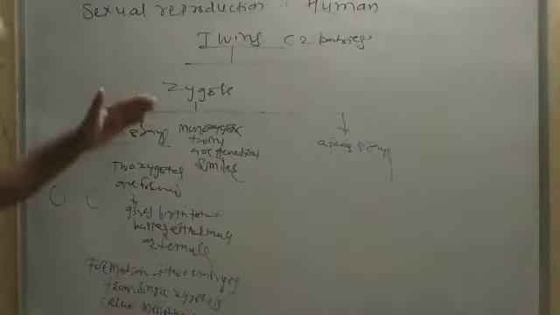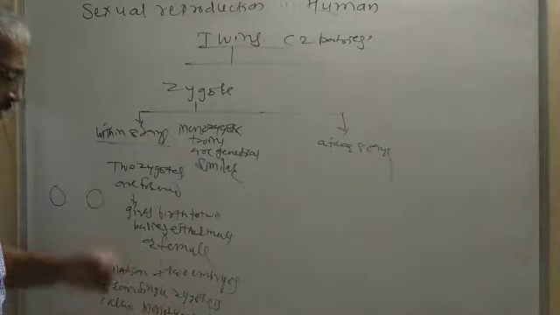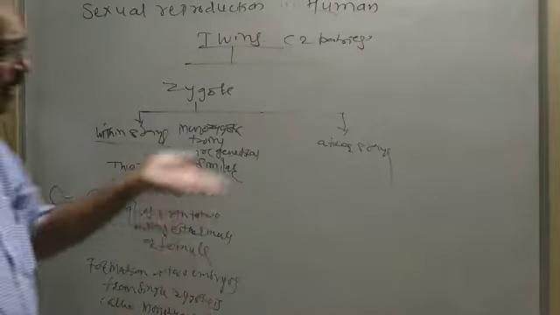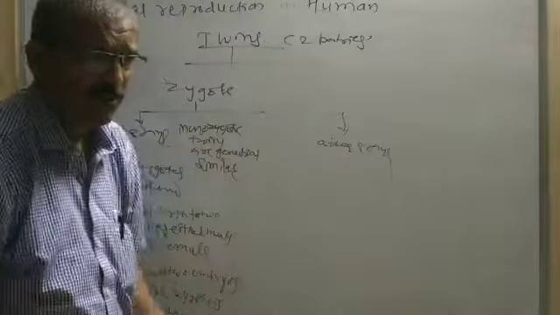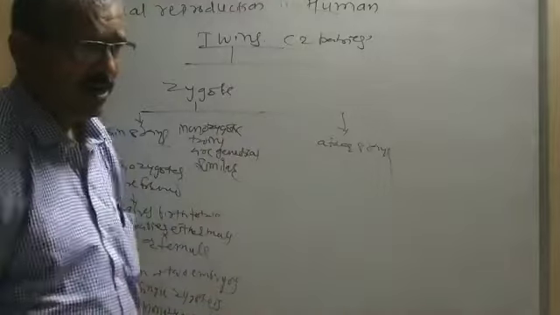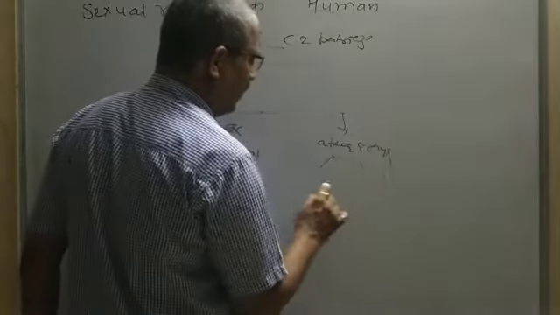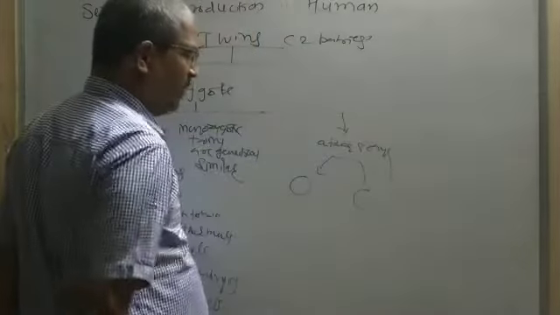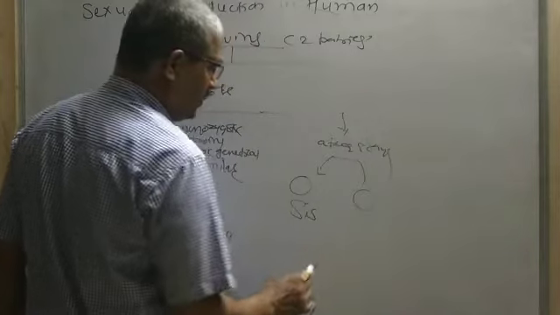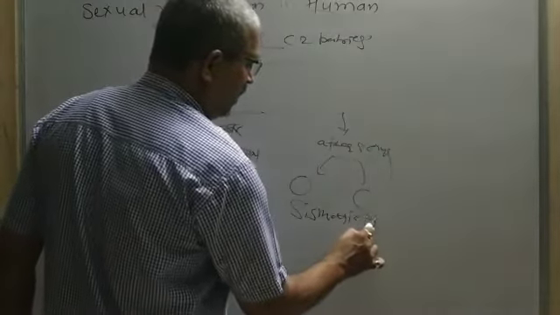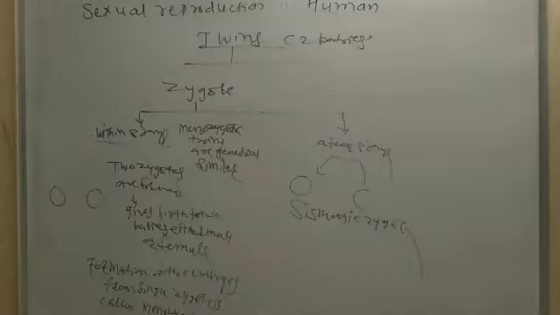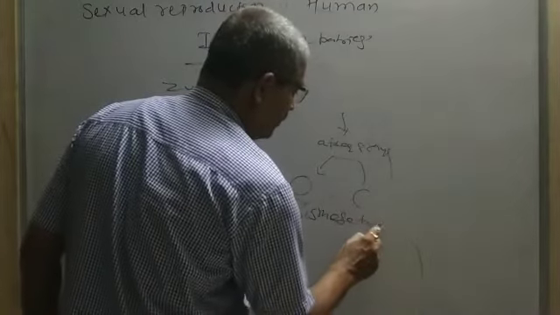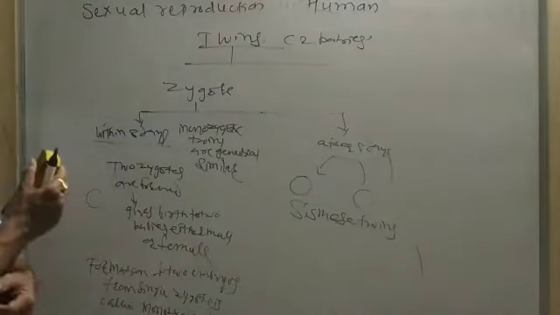But if the same thing happens after 8 days, means the egg is fertilized, the zygote is formed, 8 days are over, and on the 9th day or 10th day it divides into two parts, two embryos are formed. That is called siamese twins.